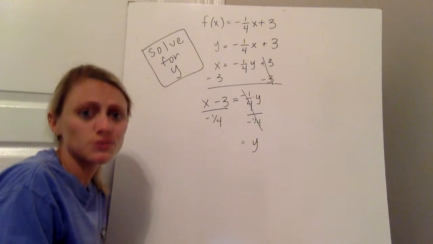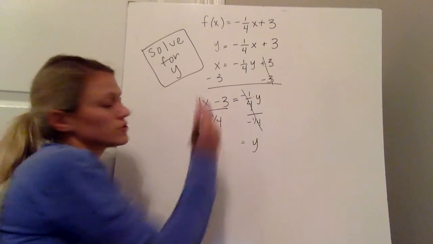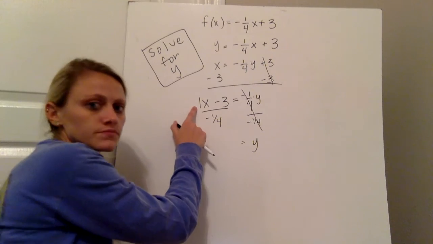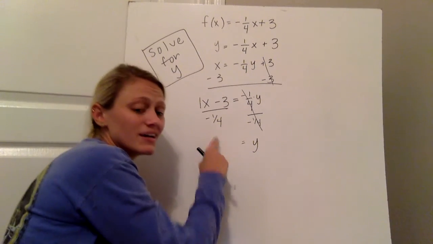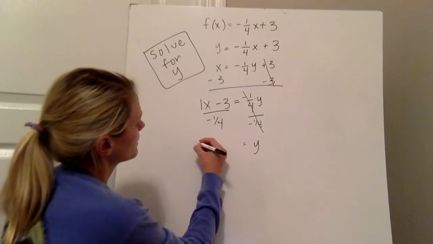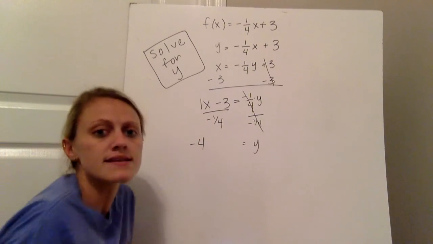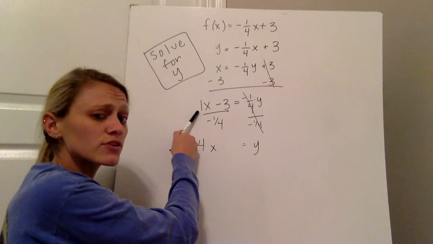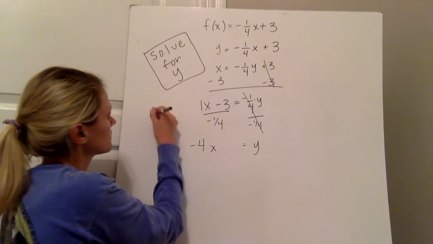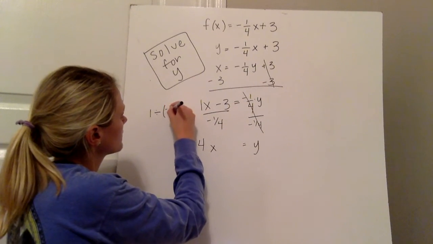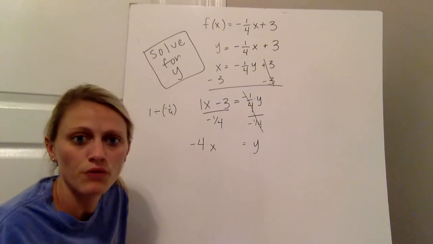Then if you want, you can use a calculator. Remember, there's a 1 in front of that x. So you can do 1 divided by -1/4, which is just going to be -4x. In your calculator, you could literally just type in 1 and then divided by -1/4.